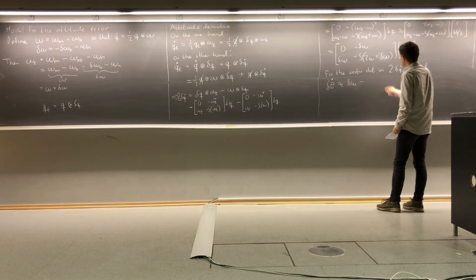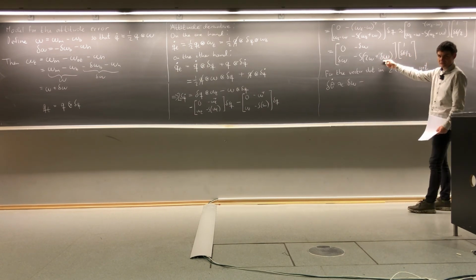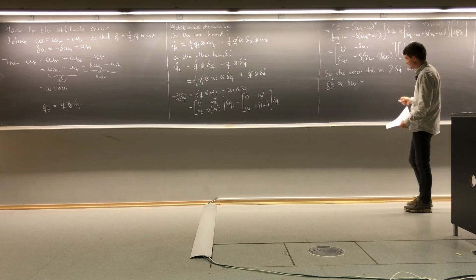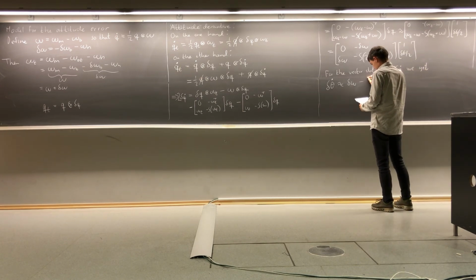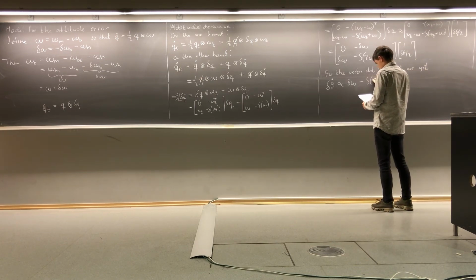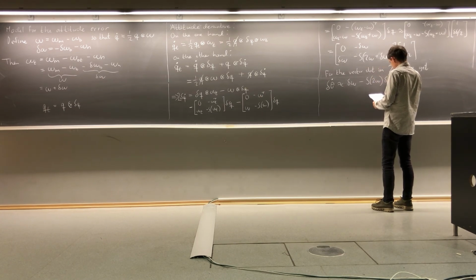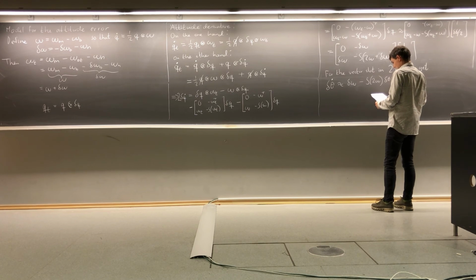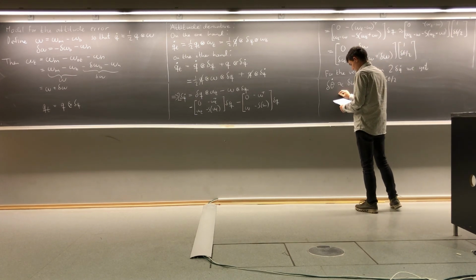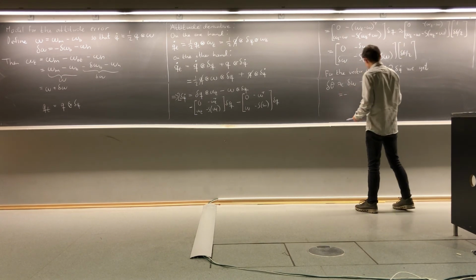So then I take this times this. I have this second order term, delta omega times delta theta, which I forget. S of 2 omega times delta theta over 2.